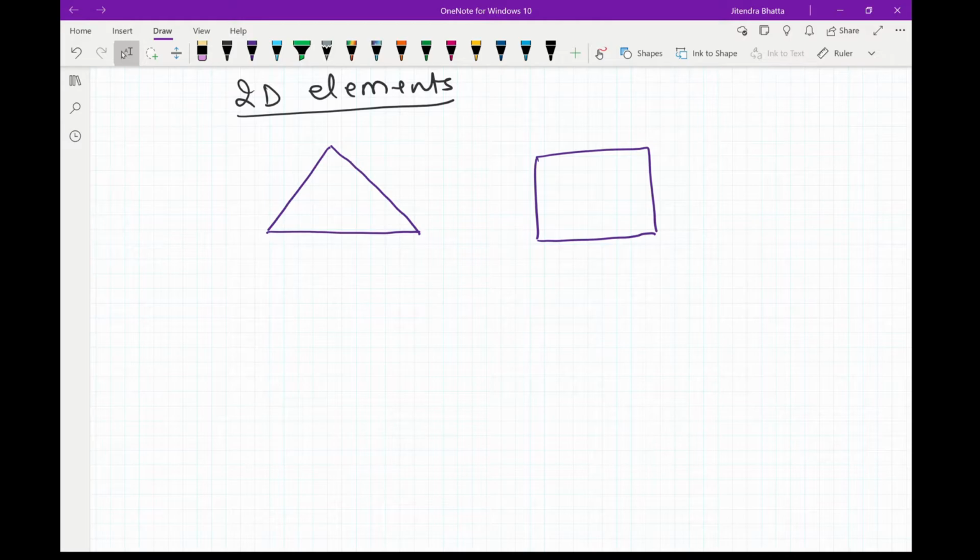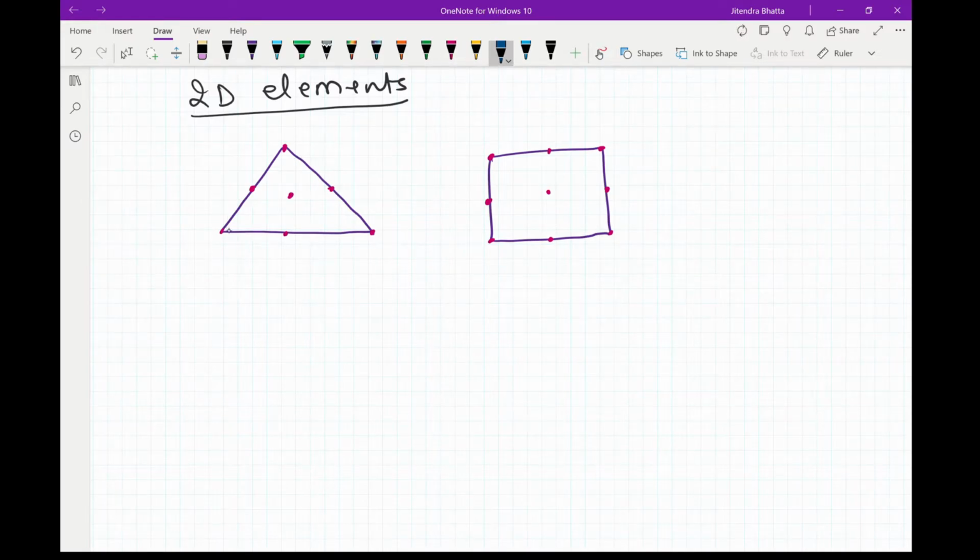Now here these elements can have 3 nodes, 6 nodes or 7 nodes. Here this one can have 4 nodes or 8 nodes, 9 nodes or many more.